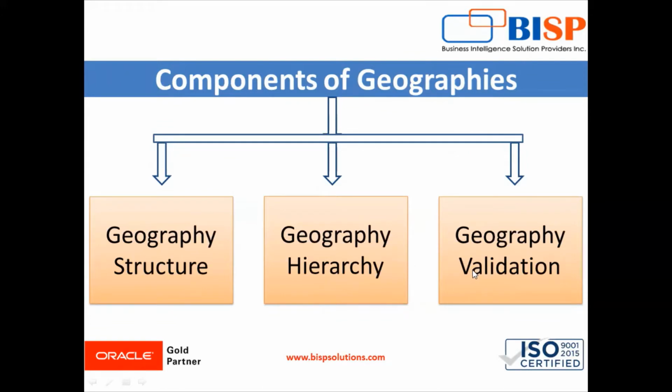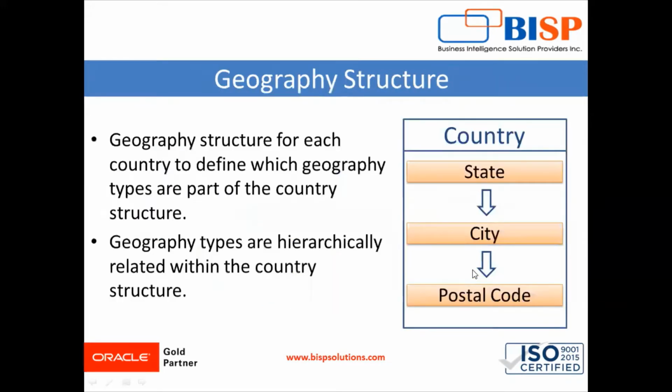Next, geography structure. First you need to create a geography structure for each country to define which geography types are part of the country structure, and second, how the geography types are hierarchically related within the country structure.